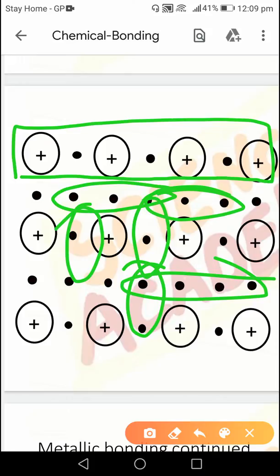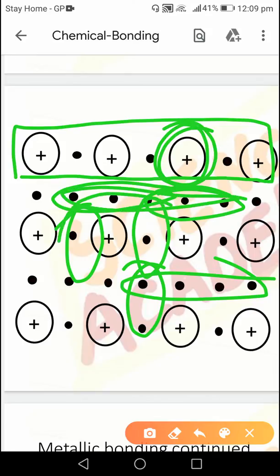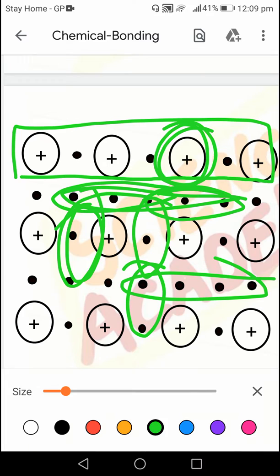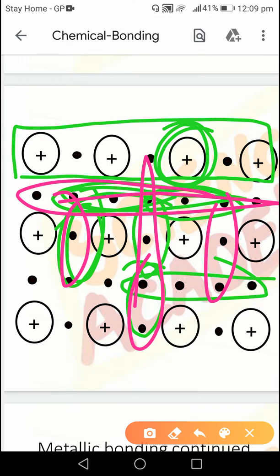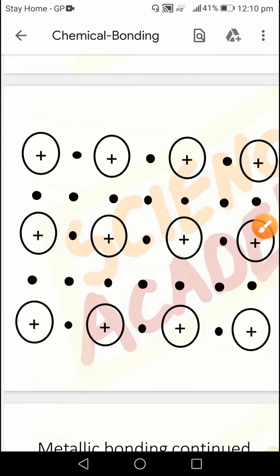Similarly, it is imagined that metal ions are arranged regularly, surrounded by a sea of delocalized or free electrons. So that is the structure of the metal.